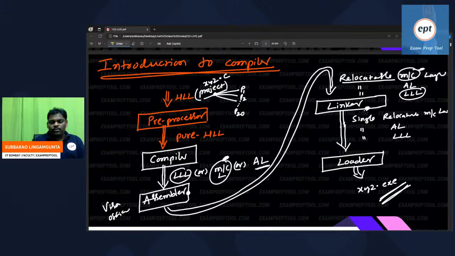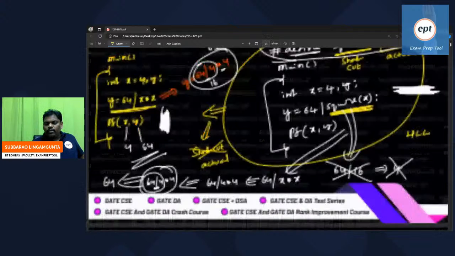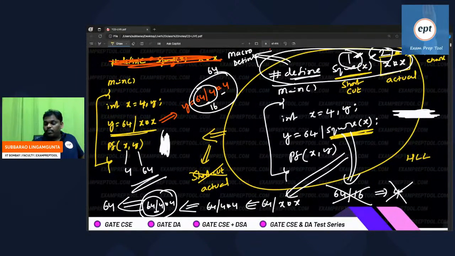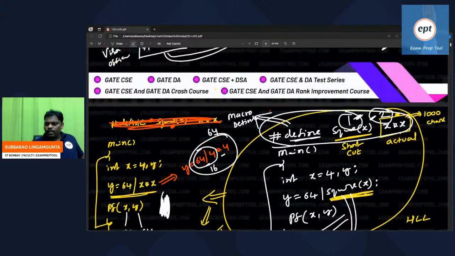So to explain the story, I have given this entire page for preprocessor. The major discussion we did was on the preprocessor.